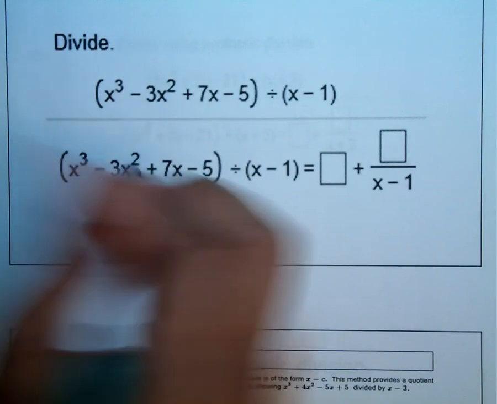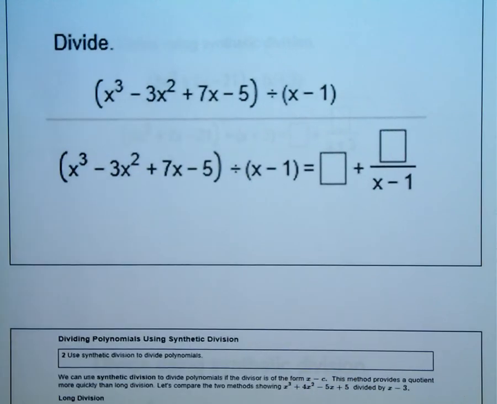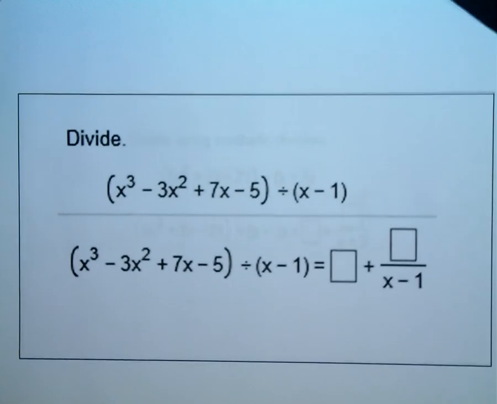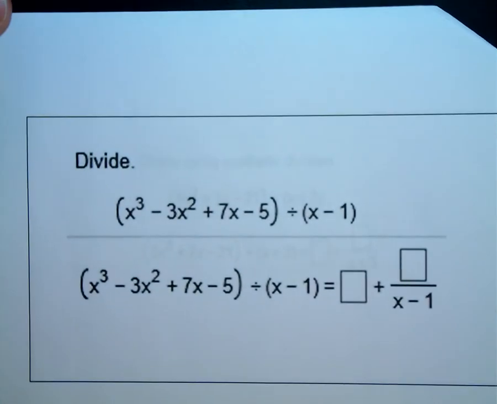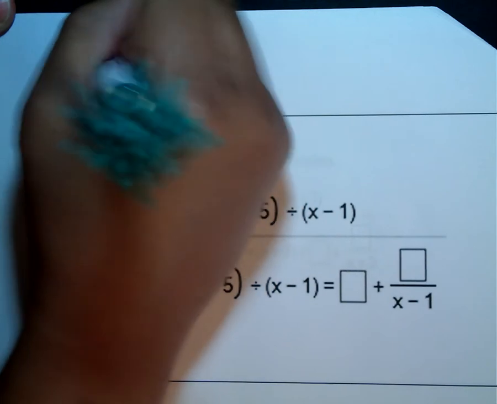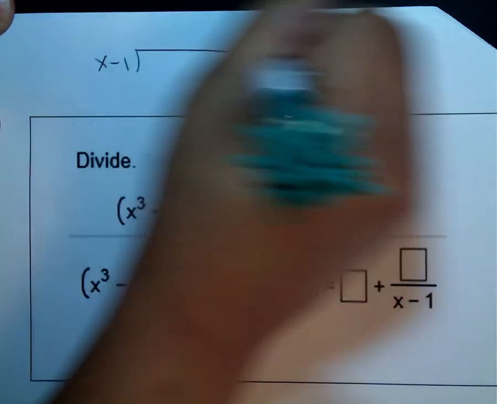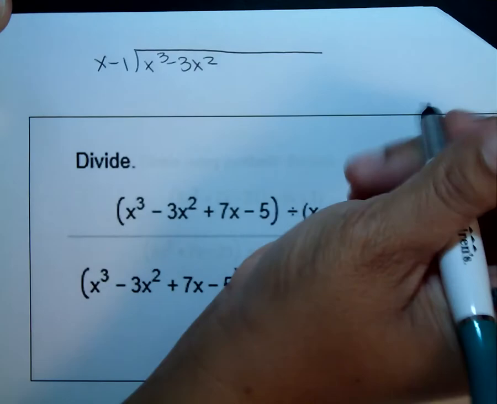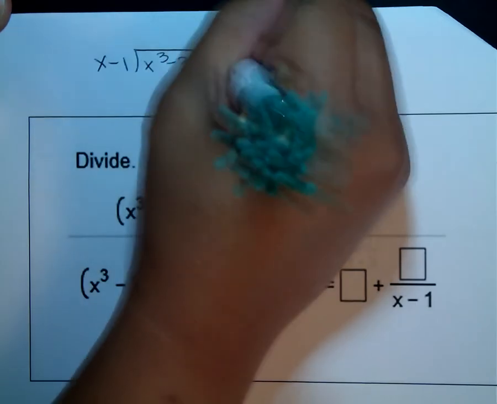I think I need to have more room. Maybe I start at the very top. So I'm going to have x minus 1, and that's going to divide into x cubed minus 3x squared plus 7x minus 5.